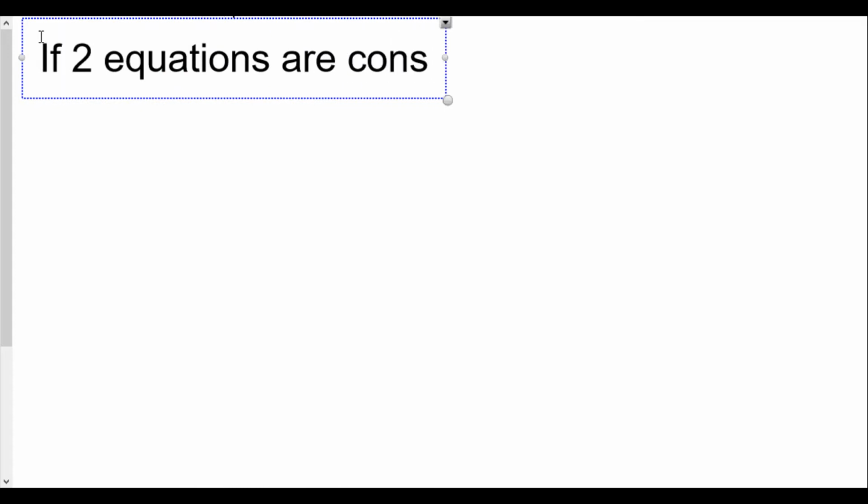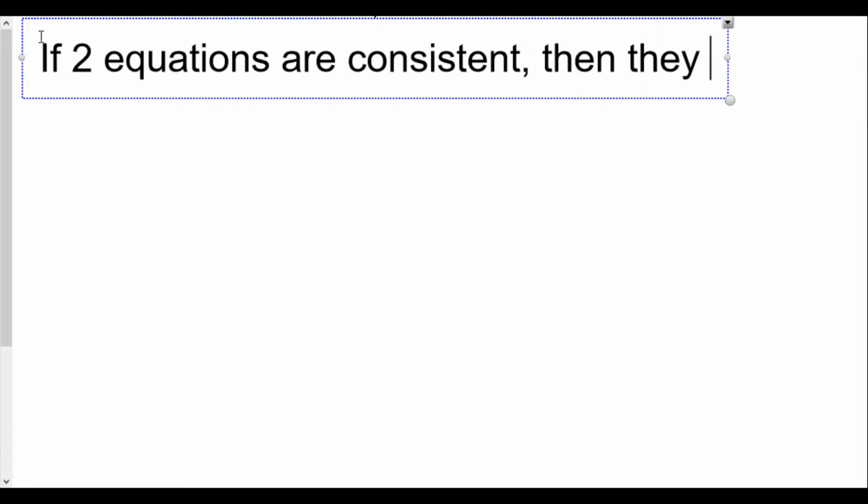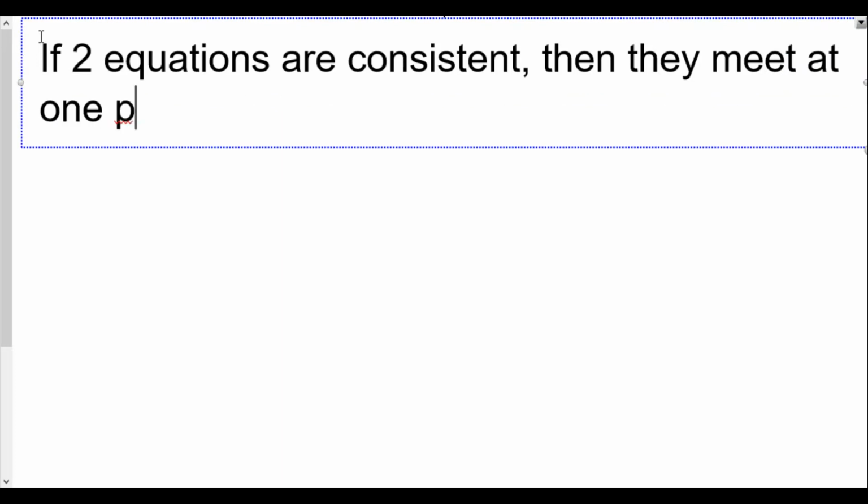So if two equations are consistent, then they meet at one point, meaning they intersect at one point only.